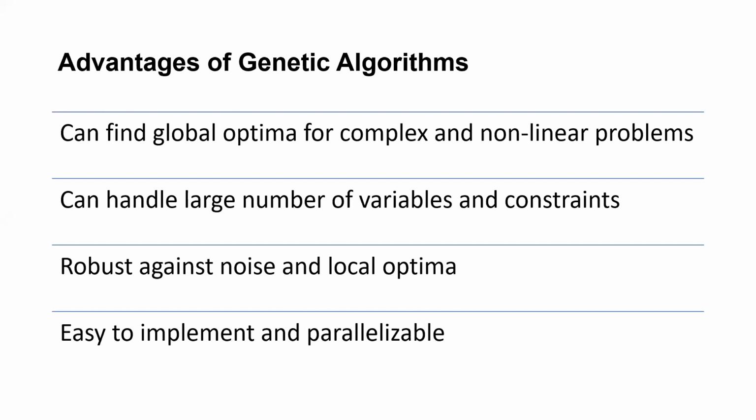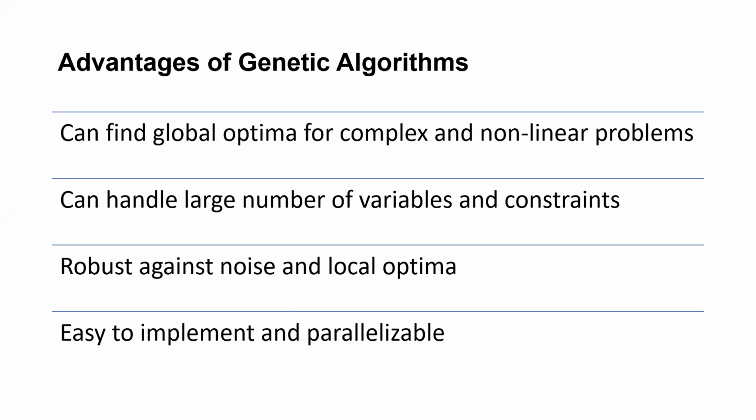When I say multi-objective optimization, it is as complex as you can think of. So in such situations, using genetic algorithms finds its best. Genetic algorithms can handle a large number of variables and constraints.